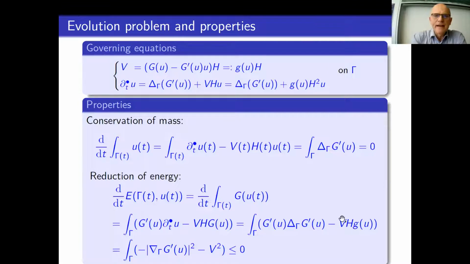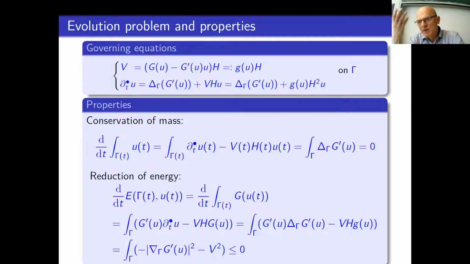If I take the L2 gradient flow with respect to the surface, I get that the normal velocity is given by a function of u times h, and the material time derivative of u is given by the Laplacian of g prime of u.